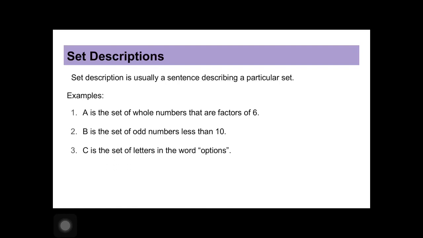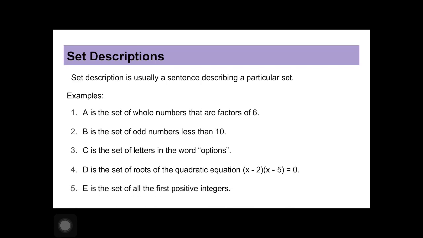Number 3, C is the set of letters in the word options. Number 4, D is the set of roots of the quadratic equation (x - 2)(x - 5) = 0. And lastly, E is the set of all the first positive integers.